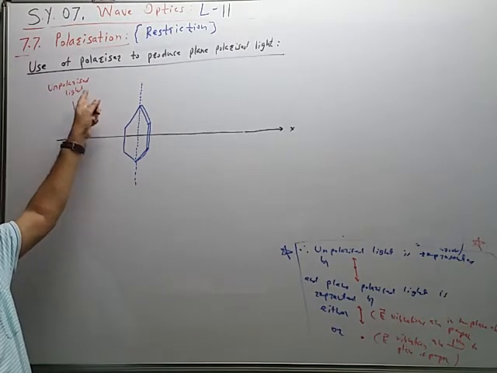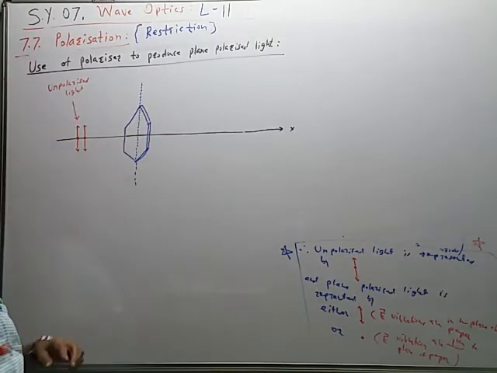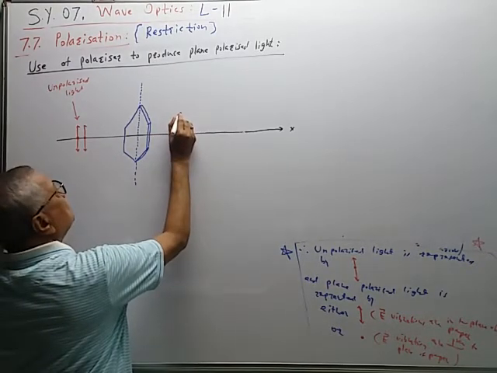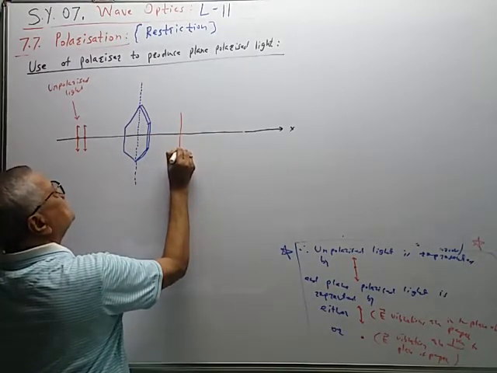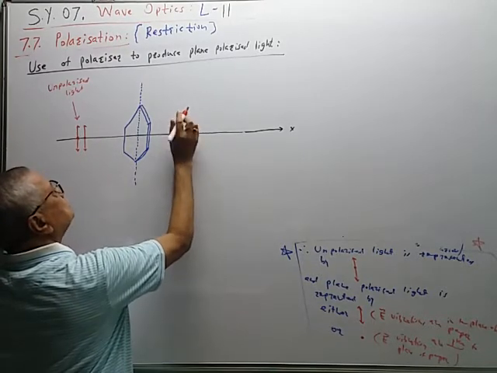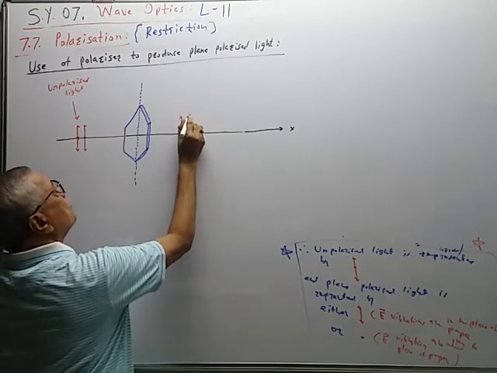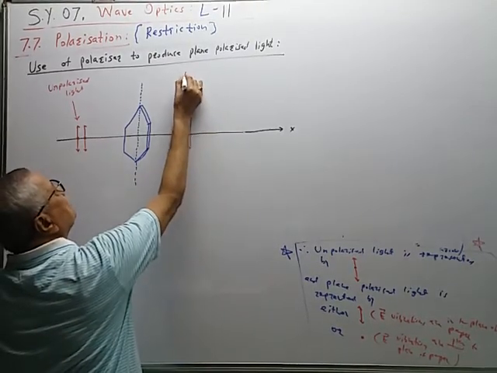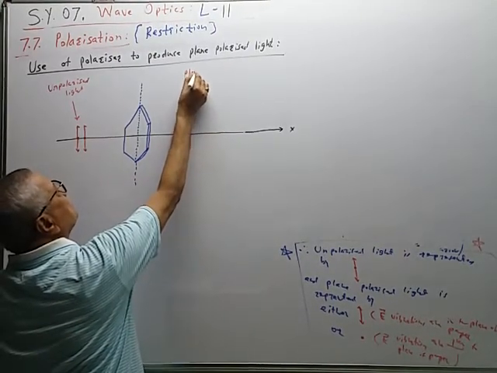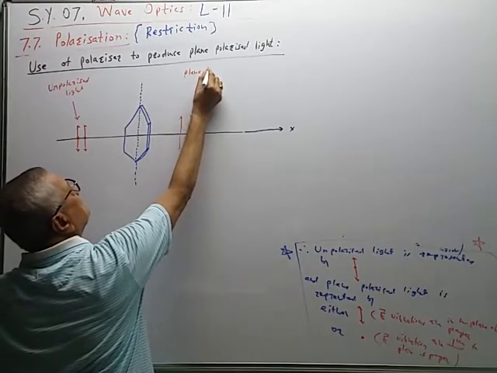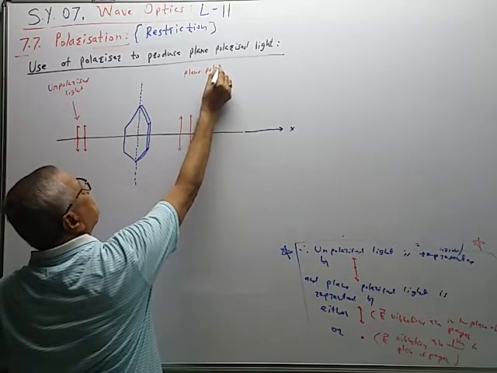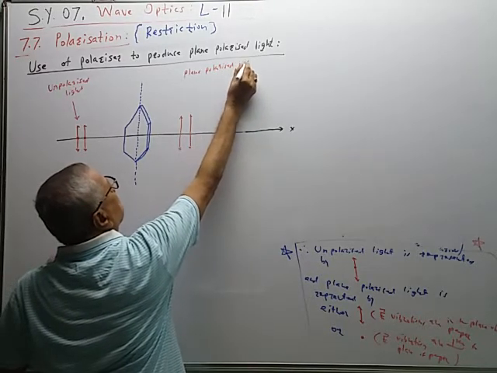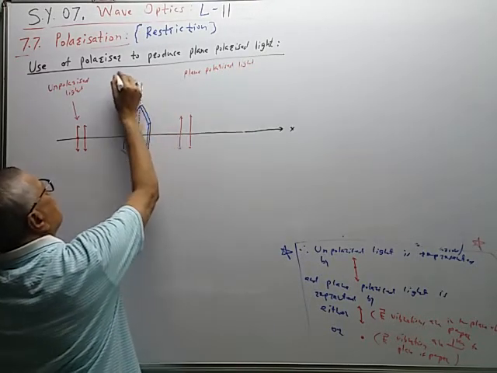Now you have to convert this light into plane polarized light. So that plane polarized light is like this, dot cut only. This is the plane polarized light. This is the aim of our article. But to produce the plane polarized light we use a polarizer. This is the polarizer.